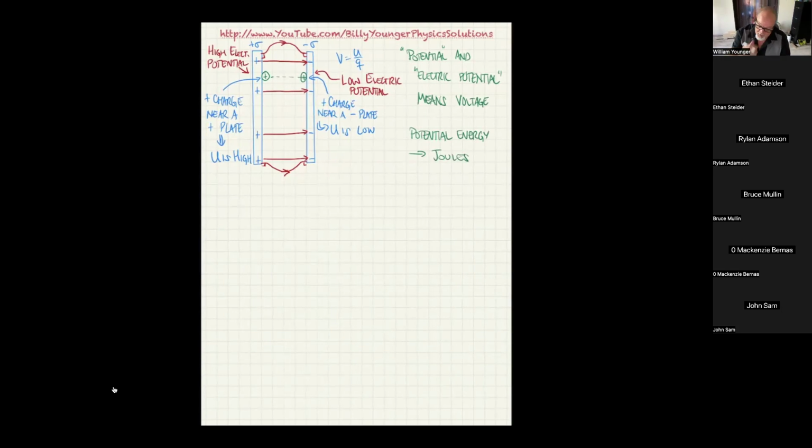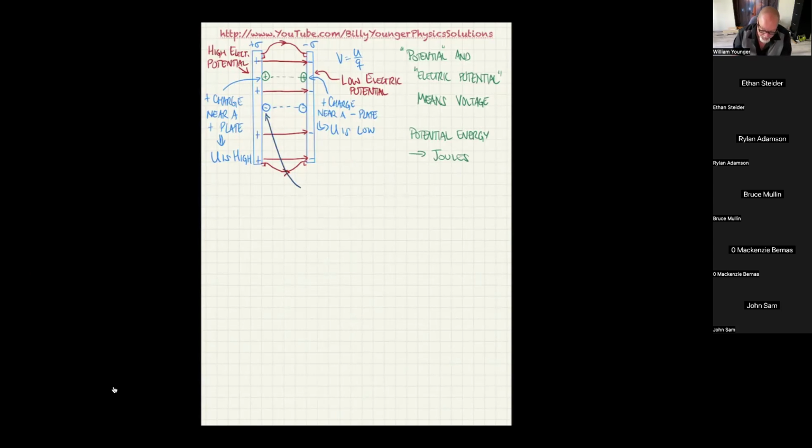Okay, now let's look at doing the exact same thing, only this time we'll do it with a negative charge and we move it over here like that. Now, when we do this, I'm going to use a different color, this dark blue.